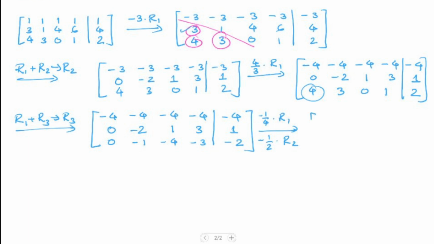So that will give us here, so row 1, if we multiply it with minus 1 over 4, 4 and 4 will get cancelled and the minus sign will get cancelled. So what we have left is 1, and that will be same for all of the values here because they're all the same values. So here you will have 1, 1, 1, 1, and 1 again.